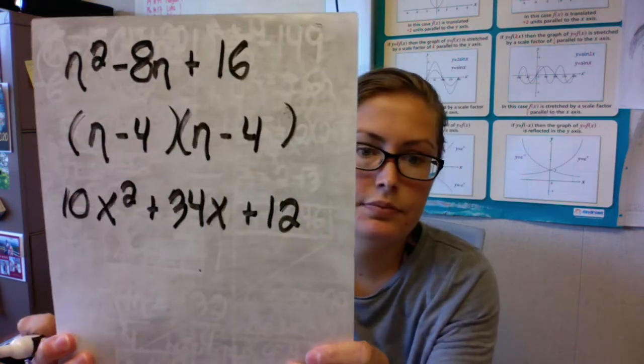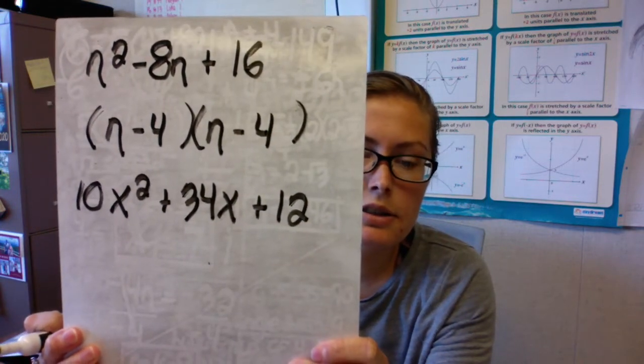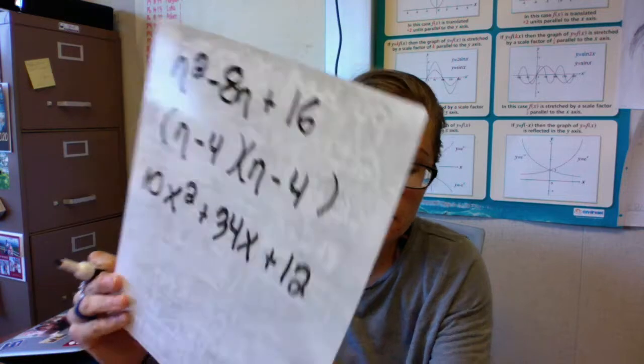Next one, factor 10x squared plus 34x plus 12. We're going to start by dividing everything by 2. Then we're going to get 5x squared plus 17x plus 6.